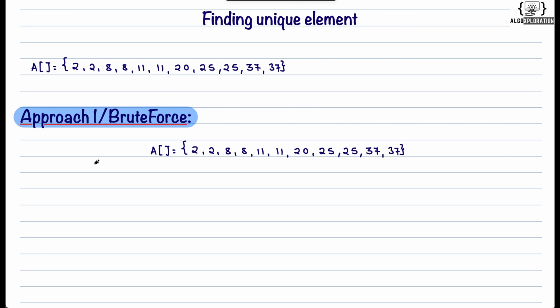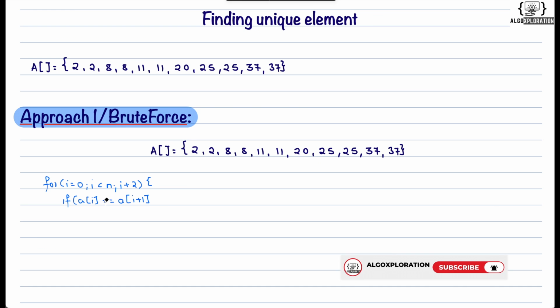So the code will look like this. For i coming from 0, i less than n, i plus 2. Here we are going to check if a of i is equal to a of i plus 1, then we can just move forward.